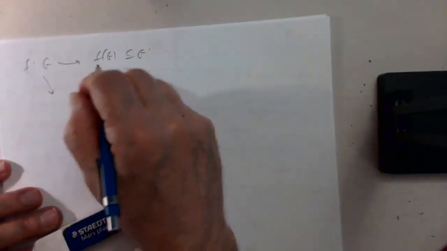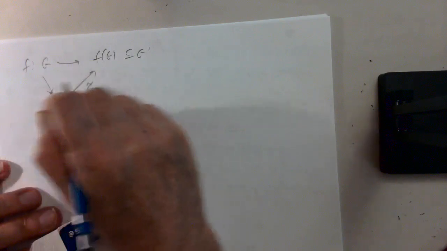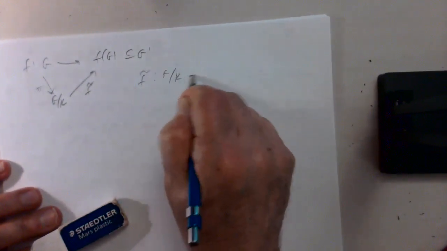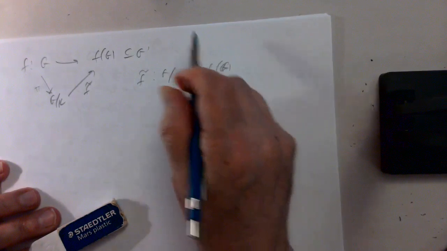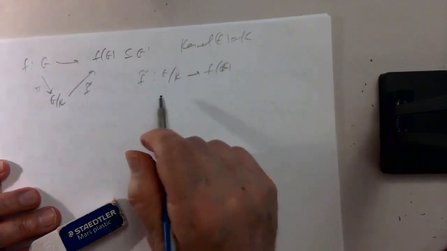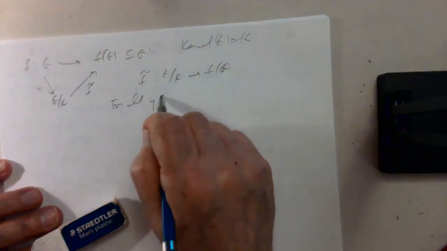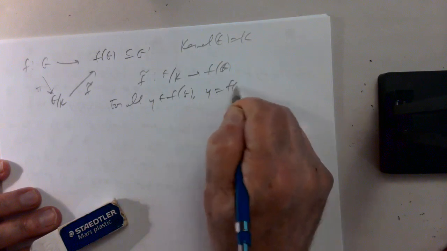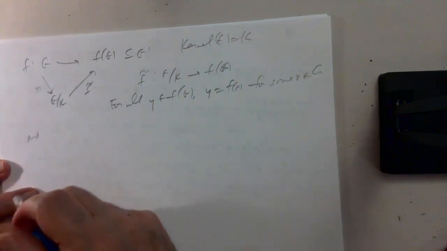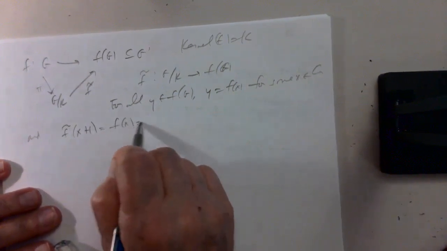And if K is the kernel, we have a function f tilde from G mod K into f of G. So this f has kernel K. So for every y in f of G, y is equal to f of x for some x in G, and f tilde of the coset xK is f of x, which is y.